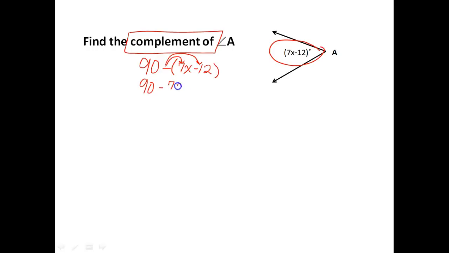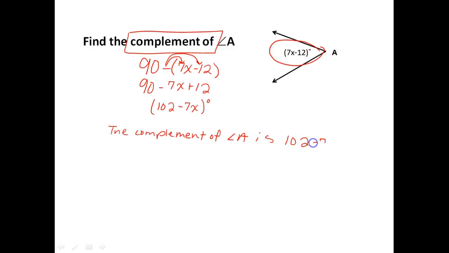So I have 90 minus 7x plus 12. Combine like terms. I have 90 plus 12, which is 102, minus 7x. So the complement of angle A is 102 minus 7x degrees.